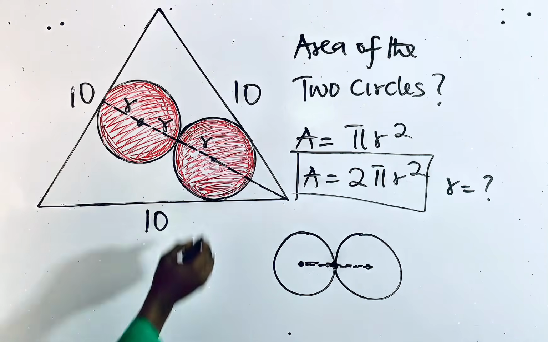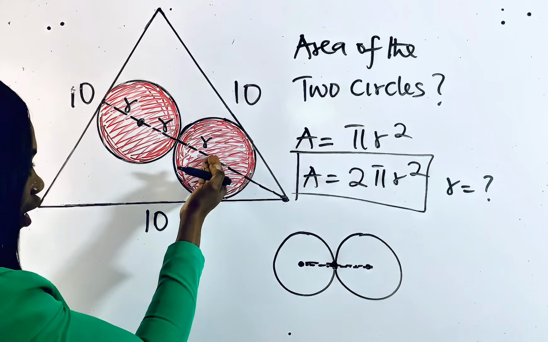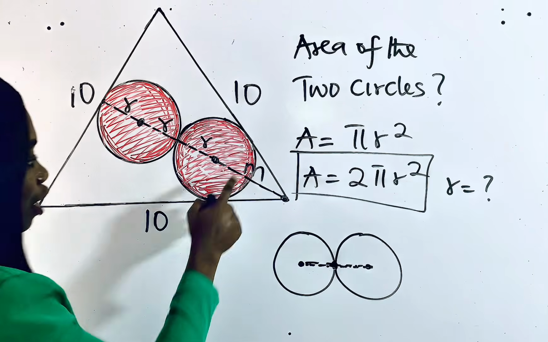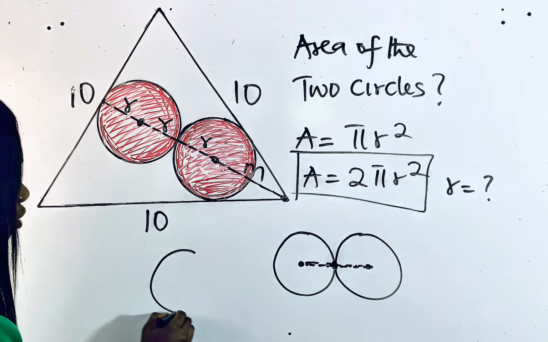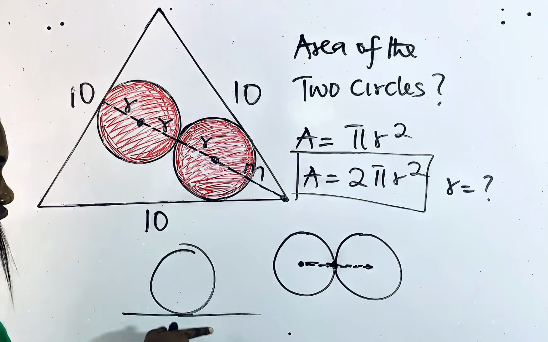Now, the question is, do we know from here to this end? No. So let's label this end. From here to here, let's say it is M. Now, if this is true, also remember this theorem. Each time you have a circle and there is a line, we say that this is the tangent line, and this is the point of tangency.